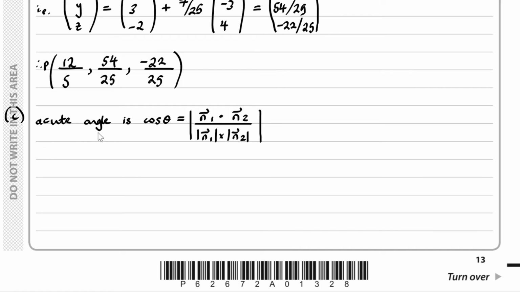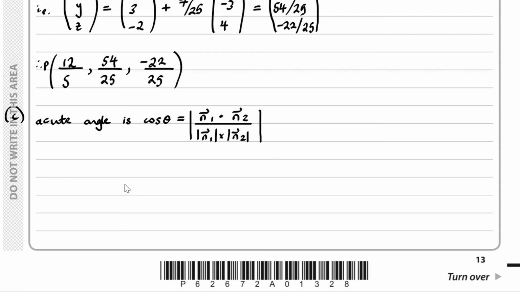So the acute angle, that's cos theta equals n1 dot product with n2 over the magnitude of n1 times the magnitude of n2, and we need to make sure we've got positive values for this.